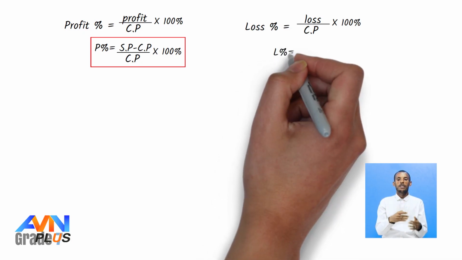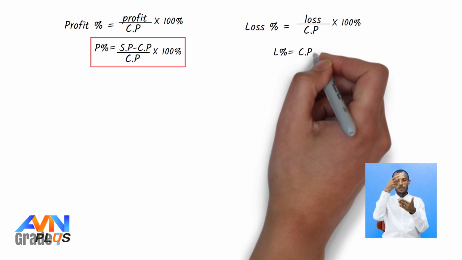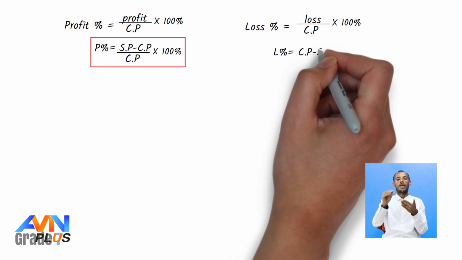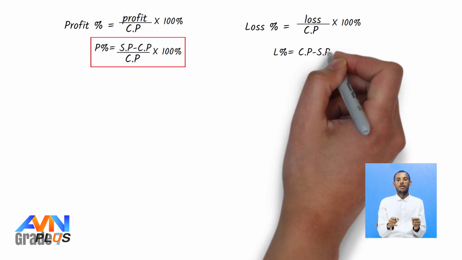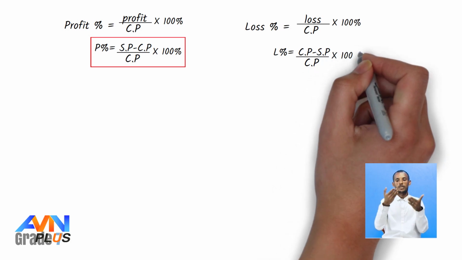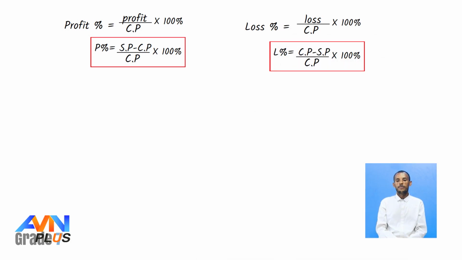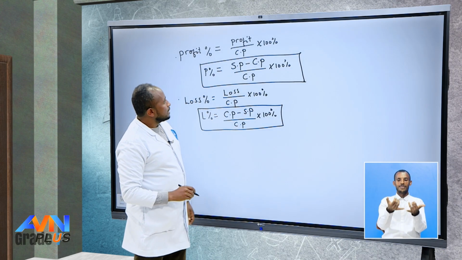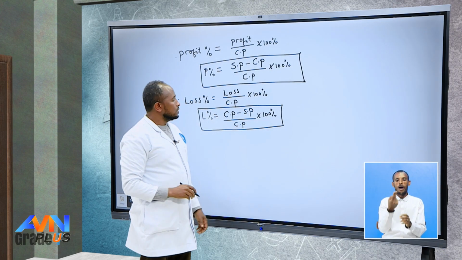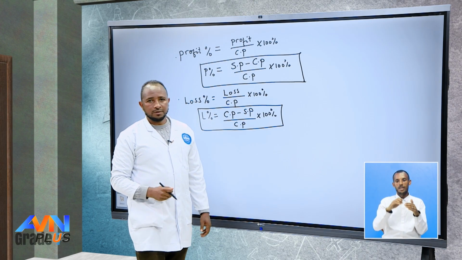Loss means the difference between cost price minus selling price, divided by cost price times 100% to convert it into percent. So this is the equation for calculating loss percent. Now let's apply these two formulas in evaluating loss percent and profit percent.